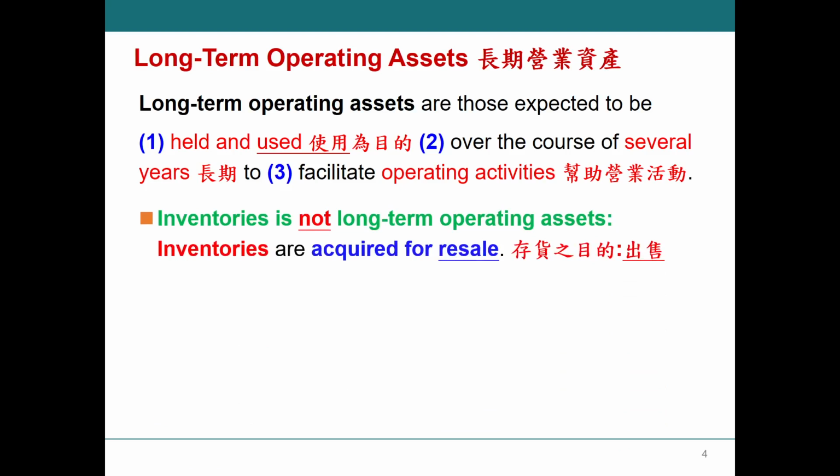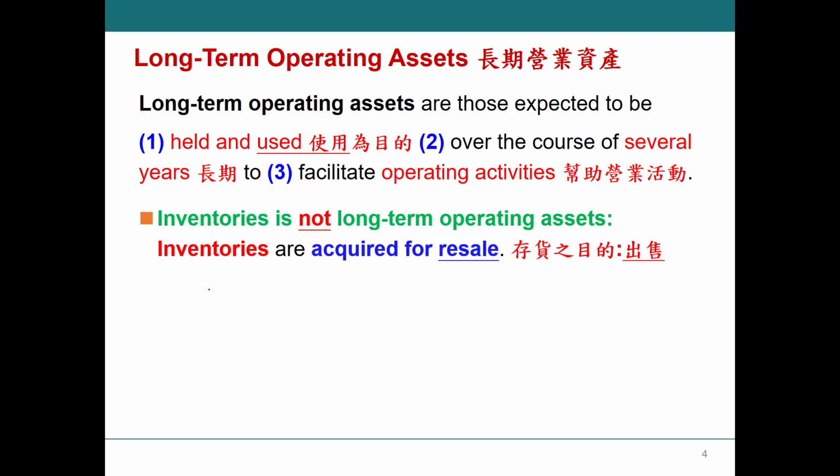Remember? So definition is very important in accounting. Why is that? If you meet the definition of use, that's your long-term operating assets. If you meet the definition of resale, that's your inventory.